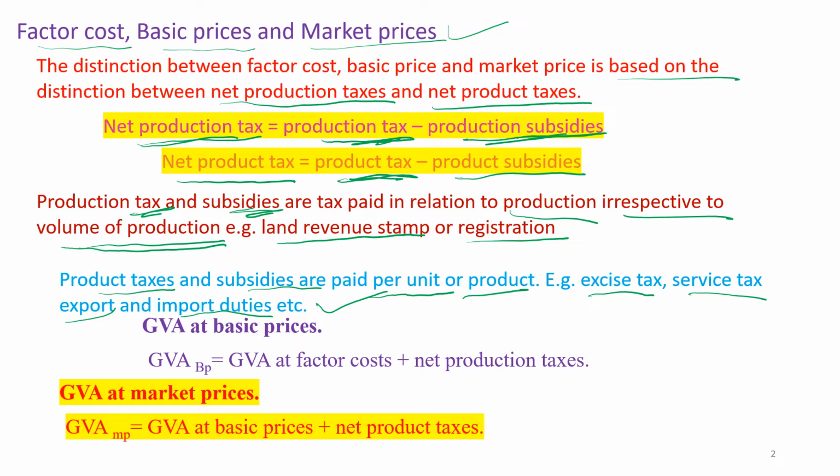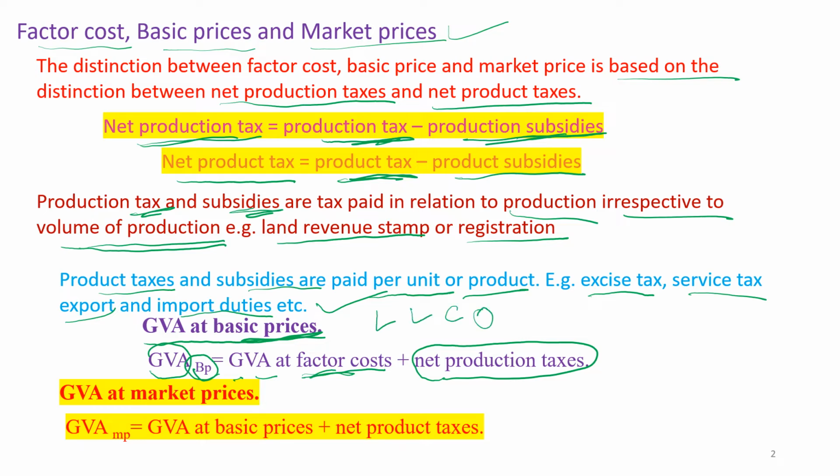Then how are you going to calculate gross value added at basic prices? See here, gross value added at basic price is equal to gross value added at factor cost plus net production taxes. You know factor cost? To produce a particular product, we need land, labor, capital, organization.